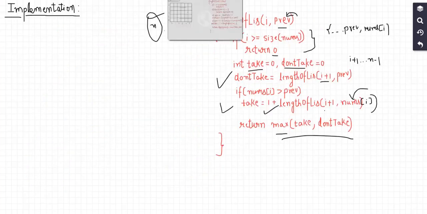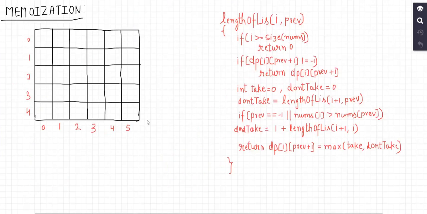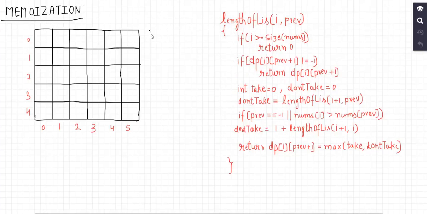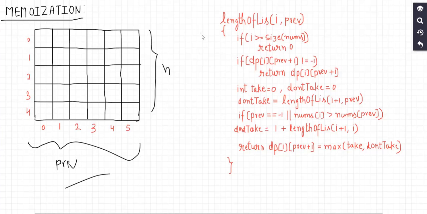So let's see the memoized code. This is the memoization which we performed over this recursive code. This dimension represents the indices, so we have n indices, while this dimension represents the previous element that we have. So this is the memoized code.